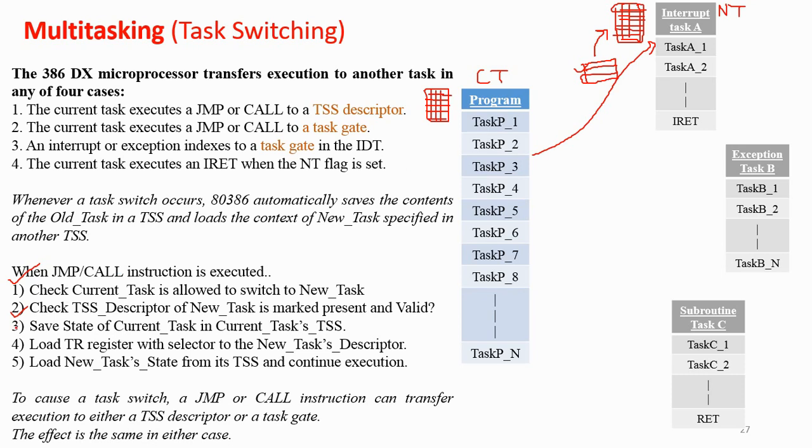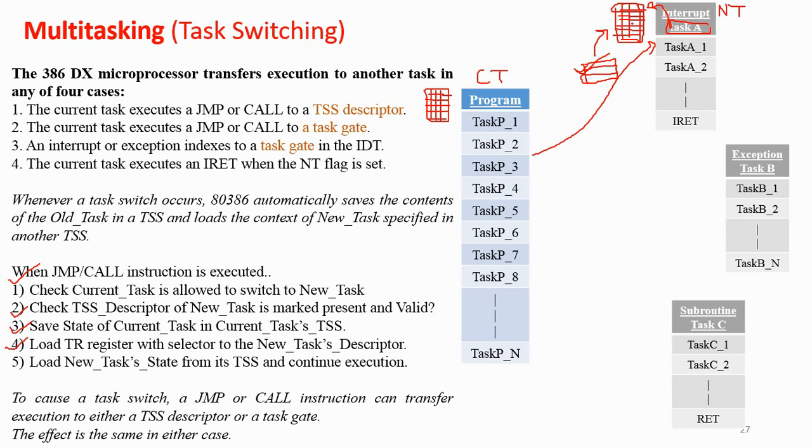If yes, then save the state of the current task in the current task TSS. So if this descriptor is present and valid, the microprocessor saves the context, or the important information related to the task, in this TSS, which is pointed to by this TSS descriptor. Then load the task register with the selector of the new task descriptor.